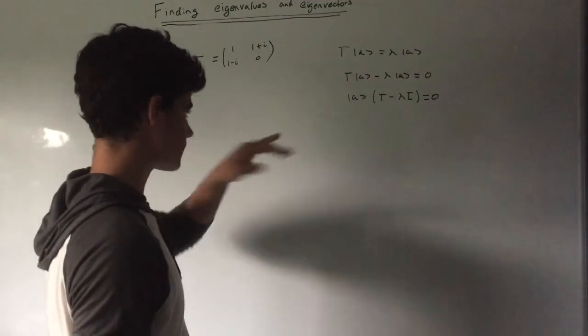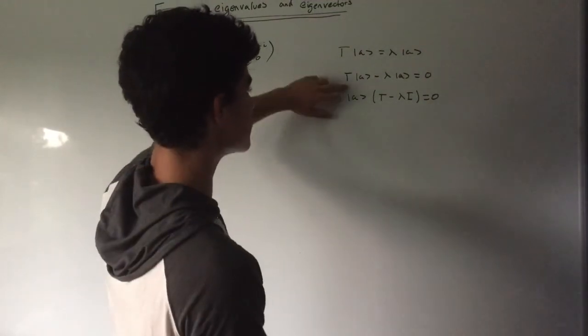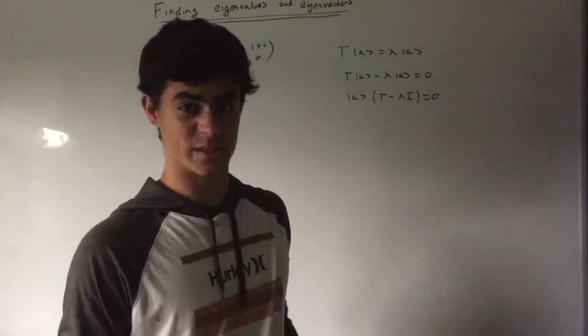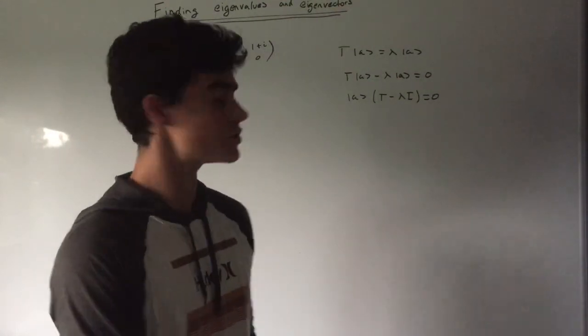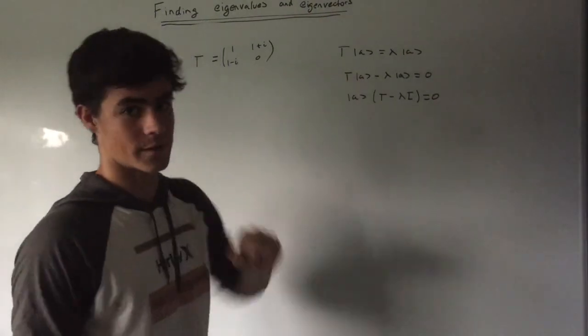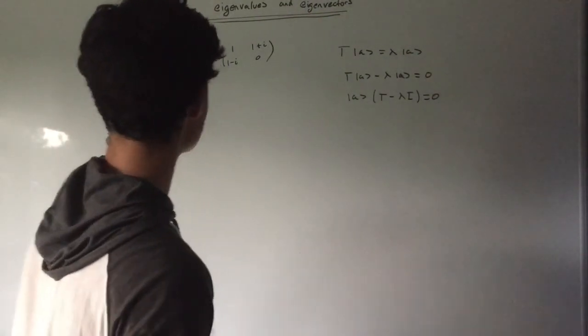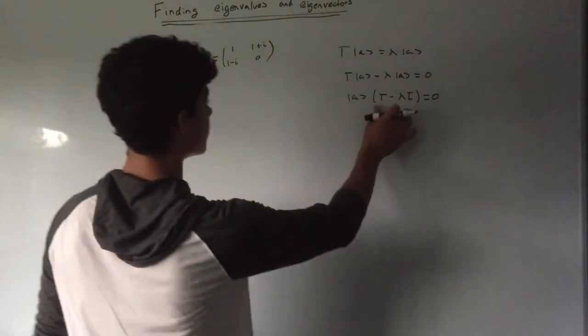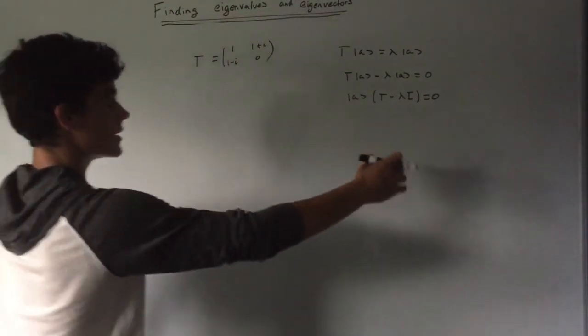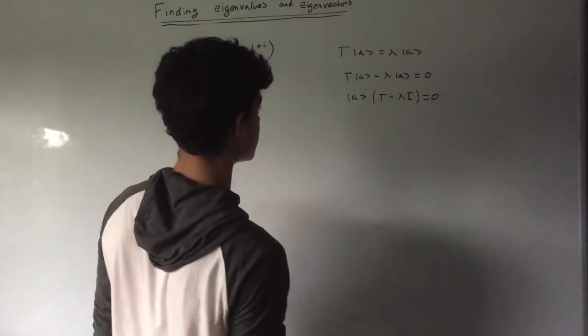From here, what we see is that either the eigenvector itself is equal to 0, which in this case means we haven't really done anything and it's not interesting to use, or this part is equal to 0, and this part will get us somewhere. With that in mind, we can find the eigenvalue by taking this part and setting it equal to 0.